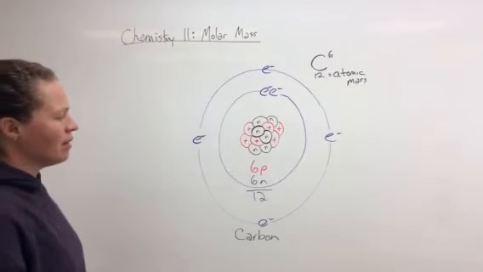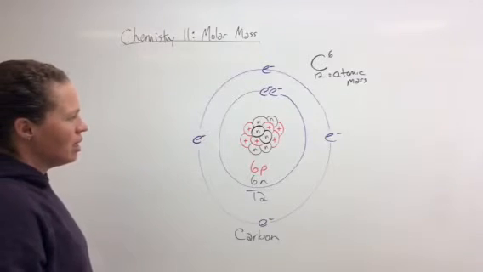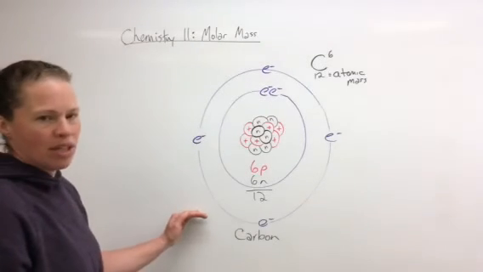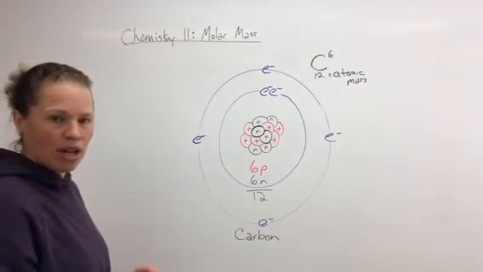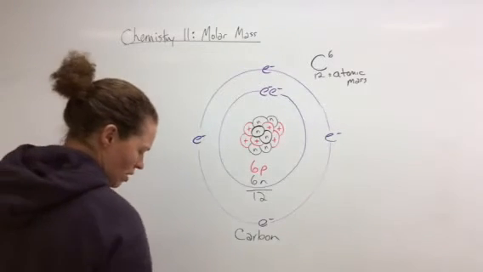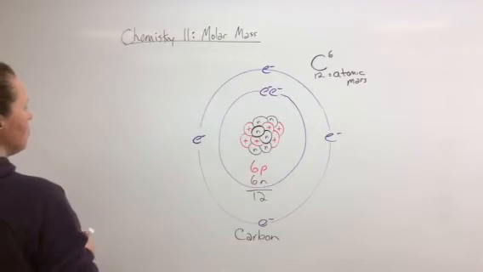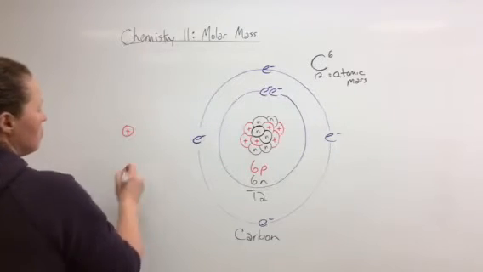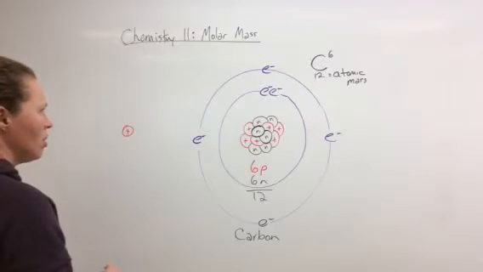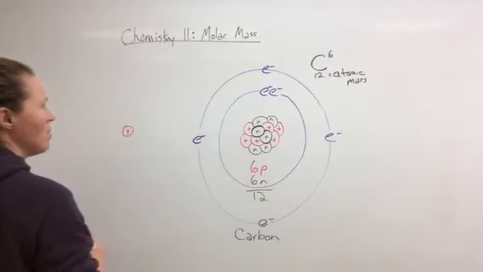So this guy is going to have the same number of particles in 12 grams as hydrogen would have in 1 gram, because hydrogen is simply a proton. Guess I should have made that red. Hydrogen is a proton. It's got an electron around it, but electrons don't count for anything for mass.